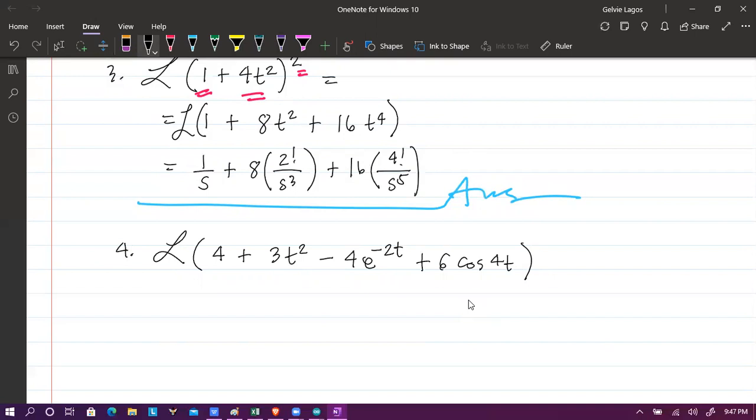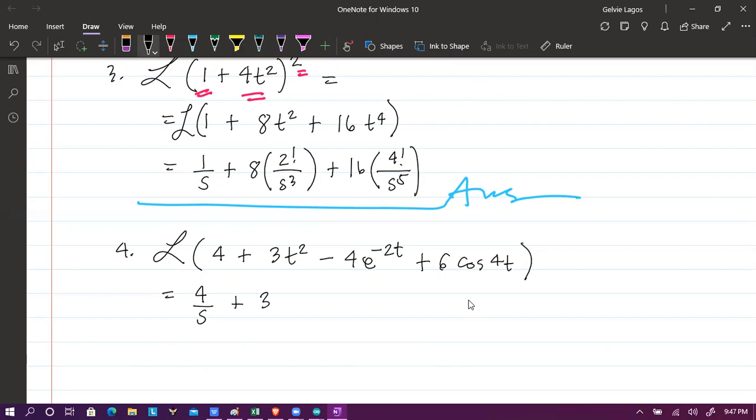All right, okay. To solve this problem, we need to take the Laplace transform of each term. So let's start with the Laplace transform of 4. The Laplace transform of 4 is just 4 over s, since 4 is constant. It follows that the Laplace transform of a constant is just constant all over s. Let's have the Laplace transform of t squared.